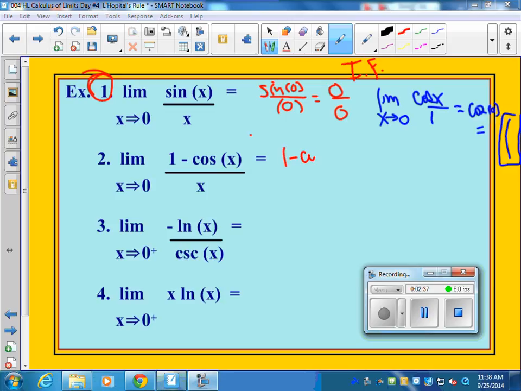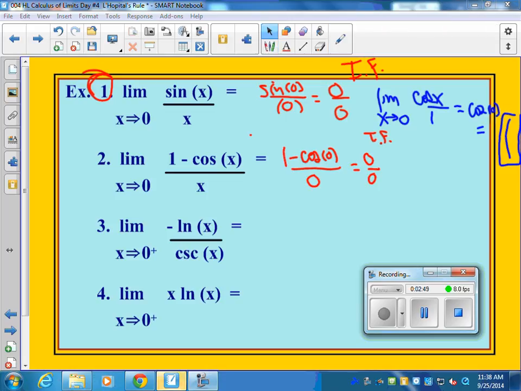1 minus the cosine of 0 over 0. Is this equal to 0 over 0? Yep. Then write it, IF, indeterminate form. So now that allows you to do the little L'Hopital. It's like a dance. Do the L'Hopital.